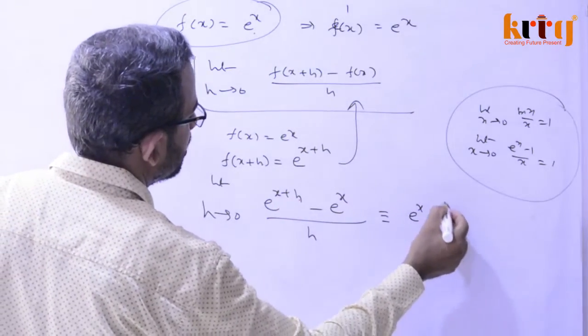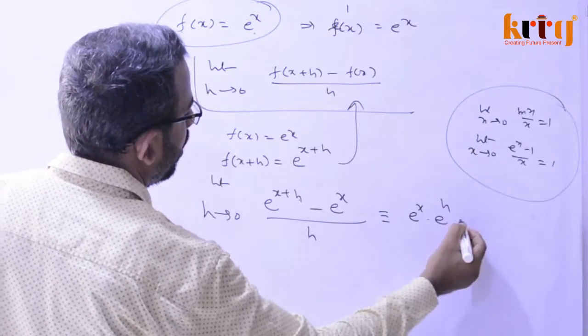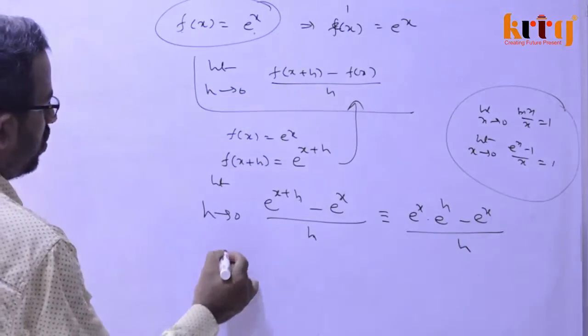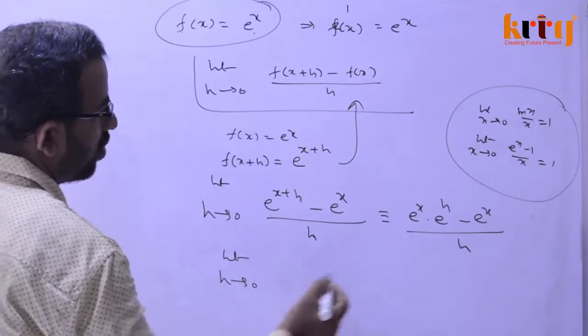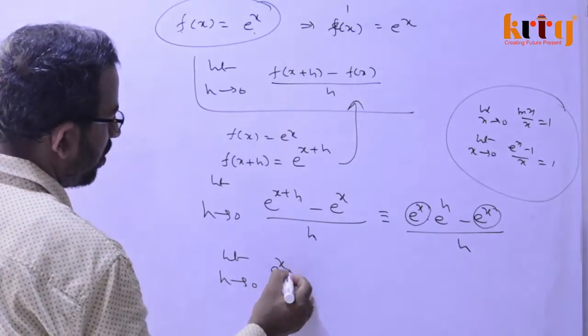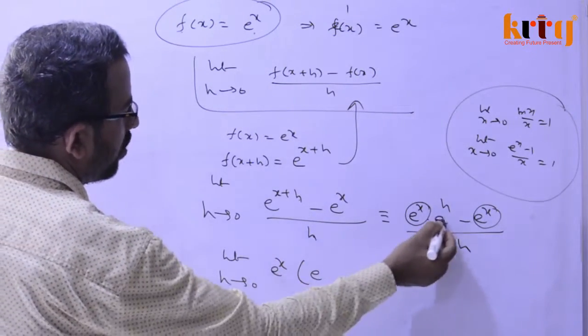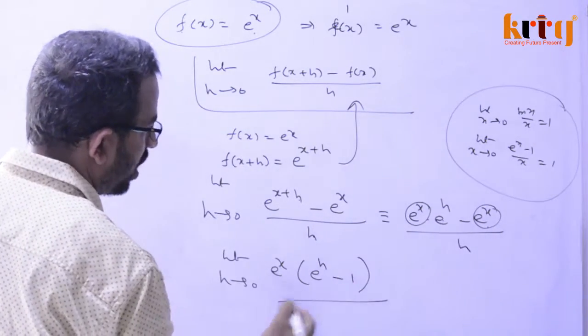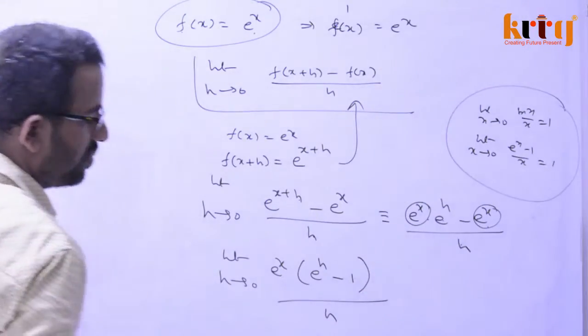We know that if the base is equal, we can add powers. And outside, minus e power x, and the denominator h. So limit h tends to 0, here e power x and here e power x, so I can take e power x common. So I have e power h minus 1, because I took e power x common, means nothing there, means 1, and the denominator is h.